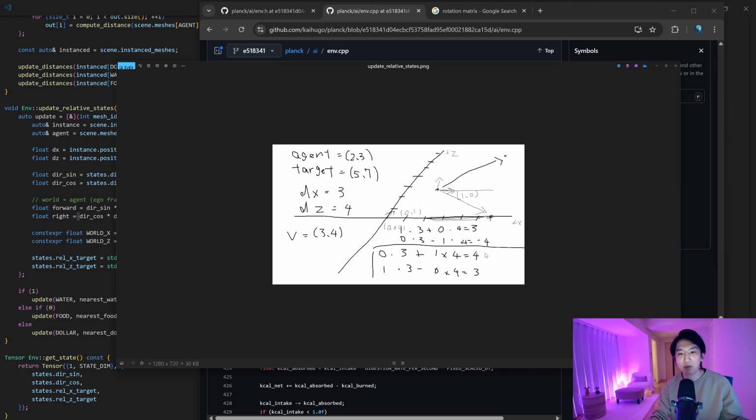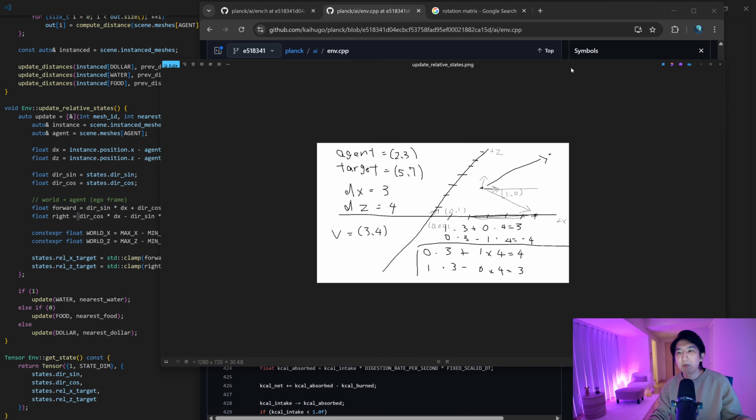If this is positive, it means the target is in the front. If not, it's to the back. The same goes for the right vector: if it's positive, it's to the right, and if not, it's to the left. So in this case, if the direction is 0 degrees, it's 4 units to the front and 3 units to the right, exactly the same as this.